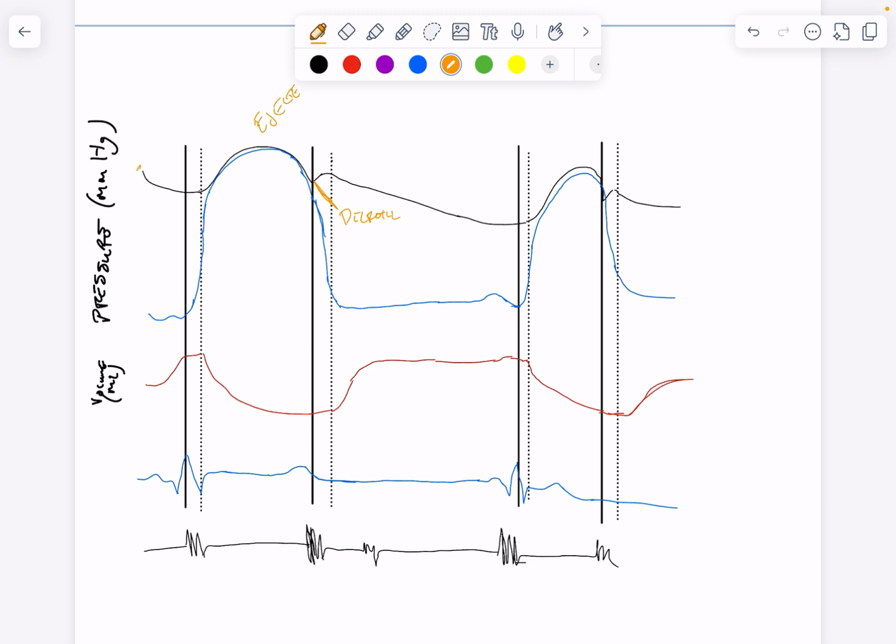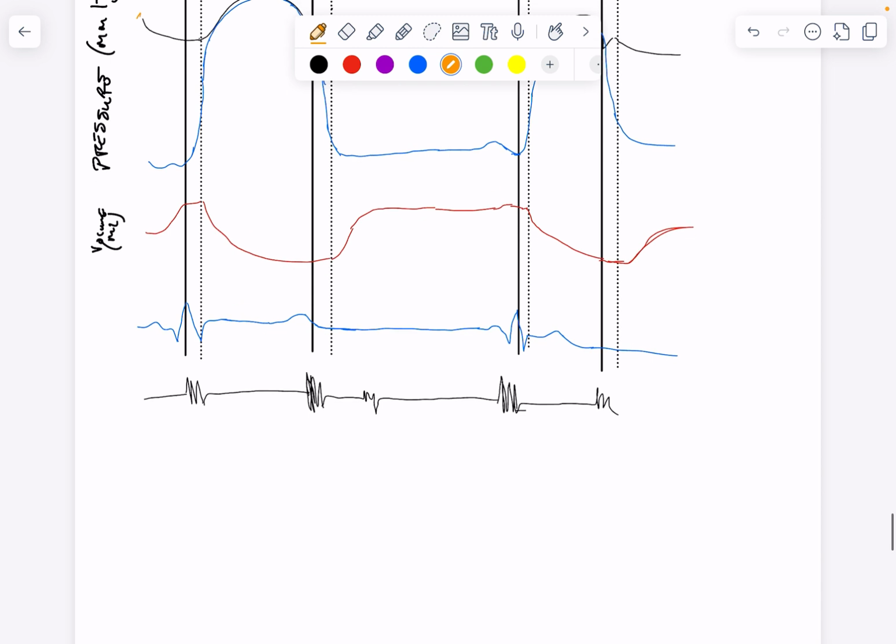That little change in pressure is due to the fact that blood is pushing on the opposite side of the bicuspid valve as it's leaving the left ventricle into the aorta.